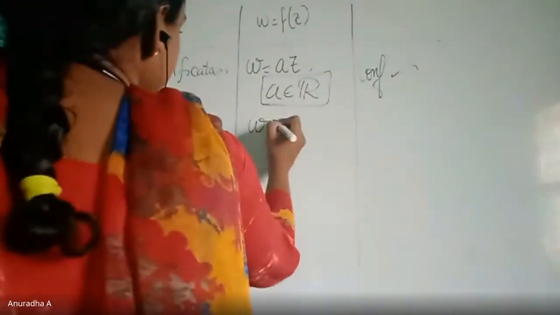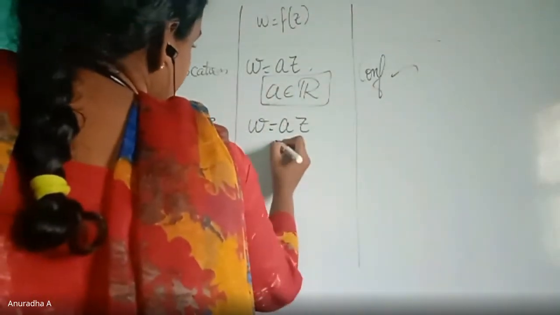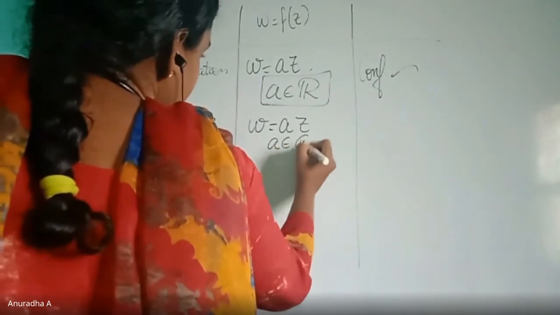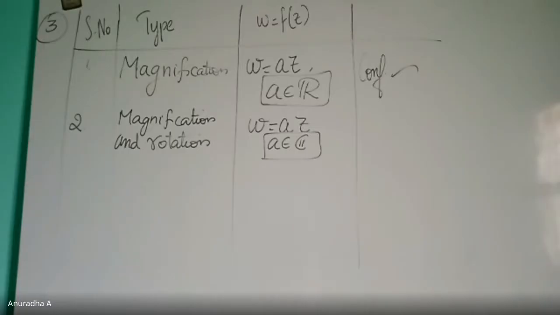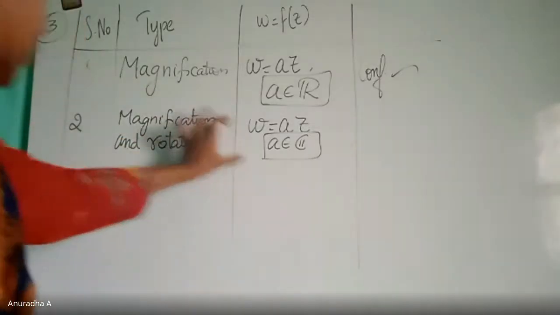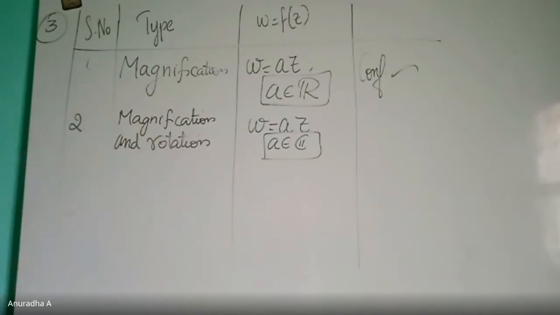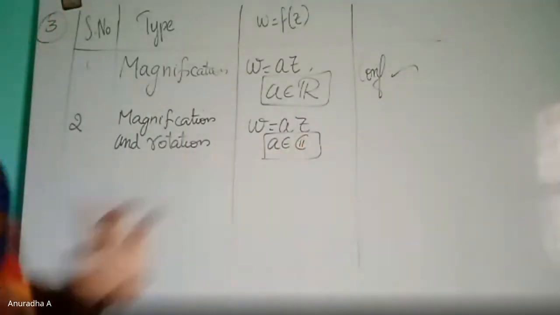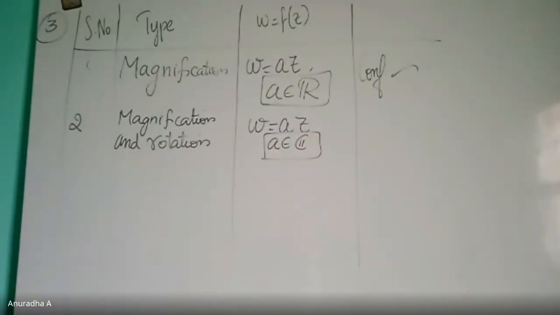So w equal to a z only, but here a belongs to the complex numbers. These types of functions are called magnification and rotation, where a is a complex number. Now the magnitude will change.